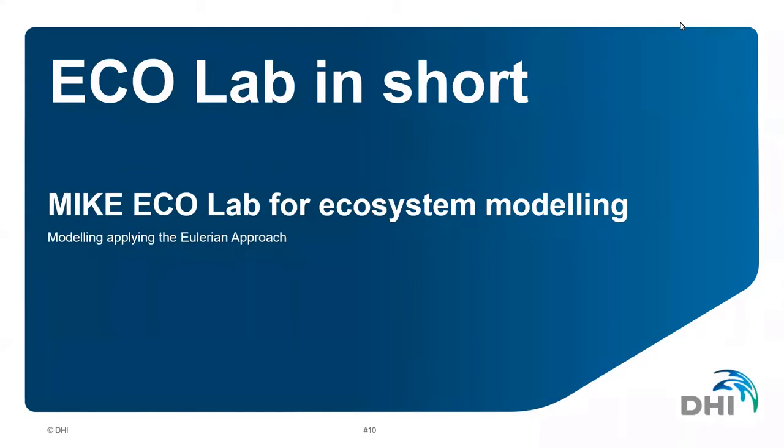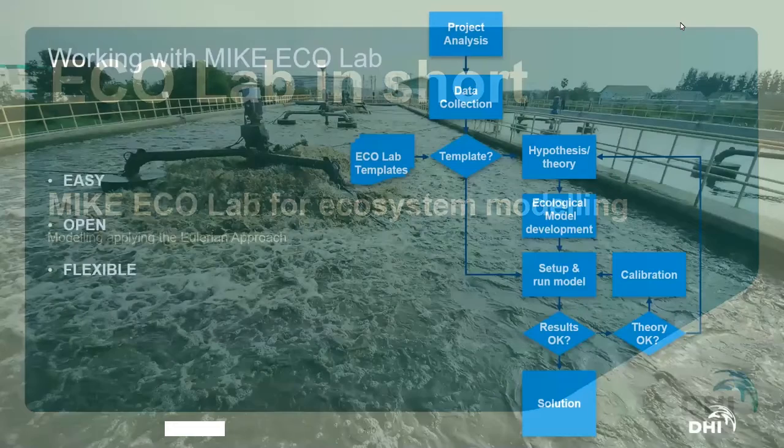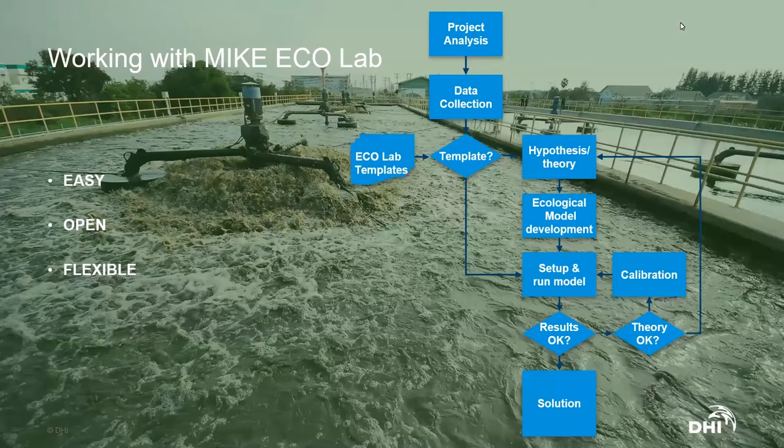Ecolab in short. I know this is a lot about Ecolab as well, but you need good software to get going and get started with ecosystem modeling. And we work with Ecolab, and Ecolab is an easy, open, and flexible equation solver, and it's linked to almost all of the physical DHI software models.